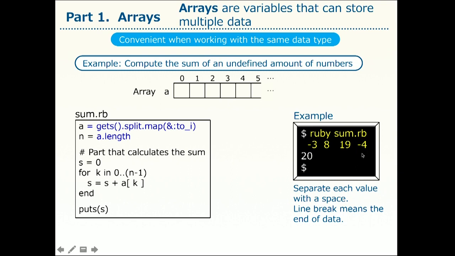Then the computer understands that all of those data has arrived, and so the program is run, and the answer for the sum of these numbers, that is -3 plus 8 plus 19 plus -4, that is 20, appears on the screen as the output. Please note that a space is used to separate numbers, and the line break caused by pressing the enter key means the end of the input.